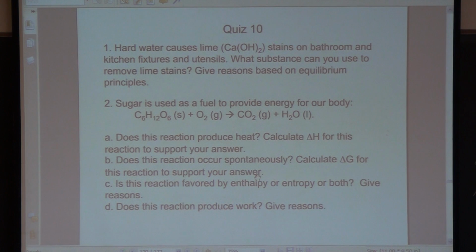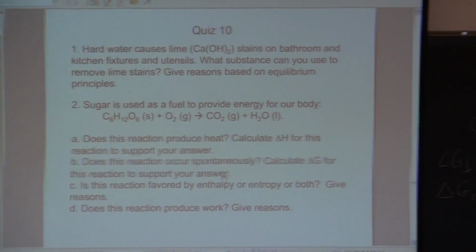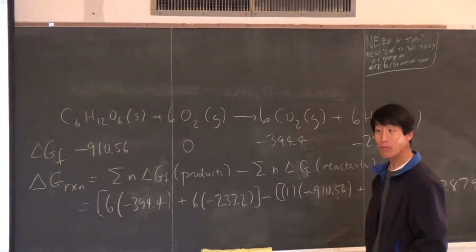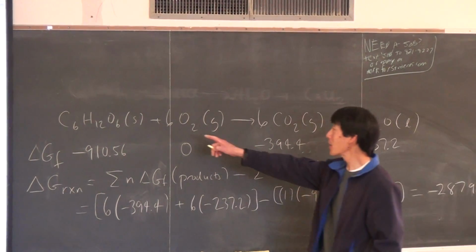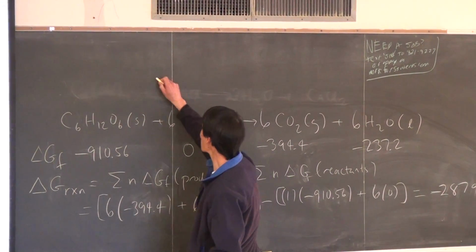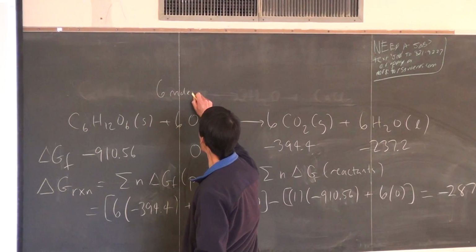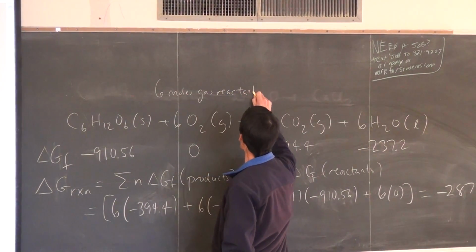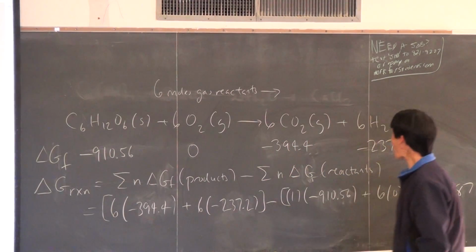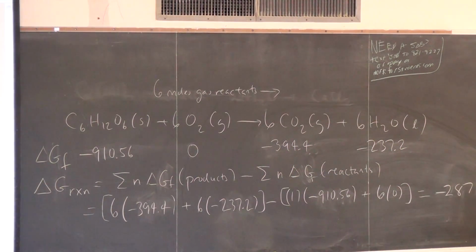Okay, so to figure out whether this reaction produces work, we want to figure out the moles of gas reactants and gas products. How many moles of gas reactants do we have? 6. Yeah, 6. So note that this is a solid, so we have 6 moles of gas reactants. And how many moles of gas products do we have? 6. Yeah, 6.